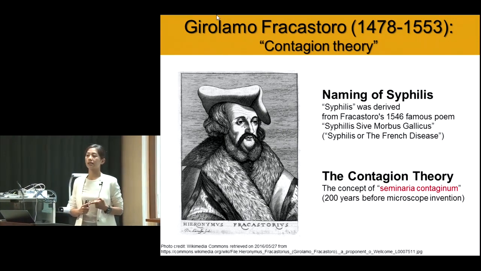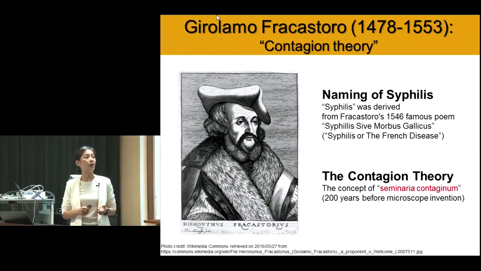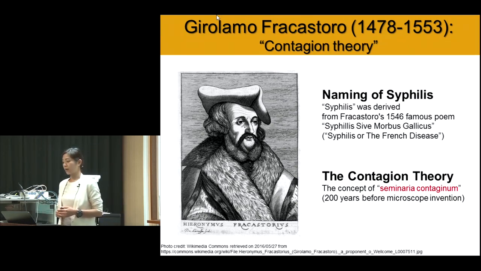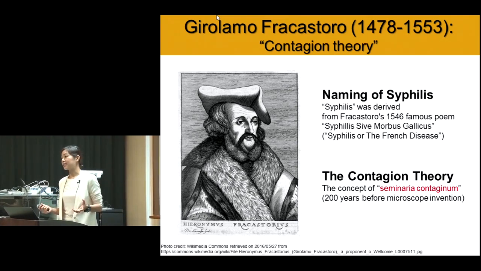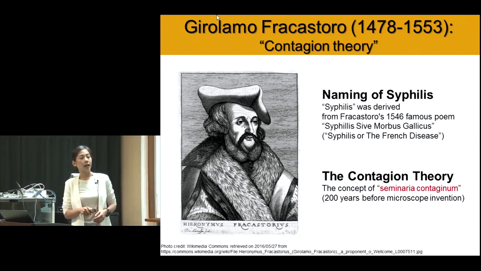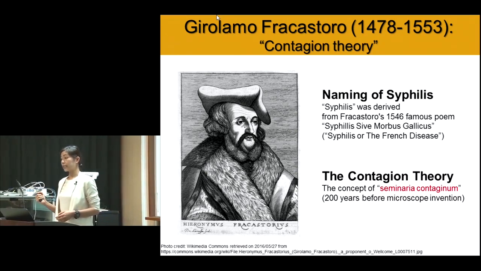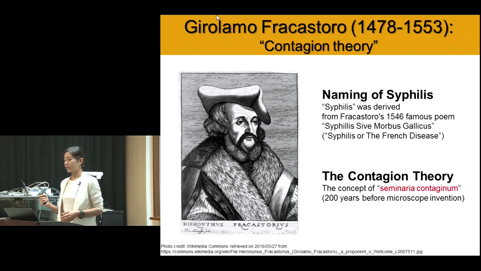First, for his naming of syphilis, which was derived from his famous poem, where he described a legend of a very handsome young shepherd named Syphilis, who, as punishment from the gods, was punished with a terrible disease and suffered from syphilis.